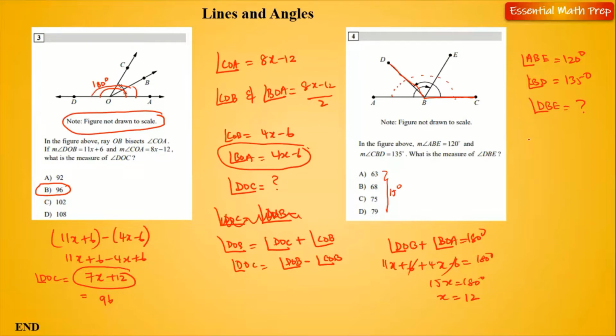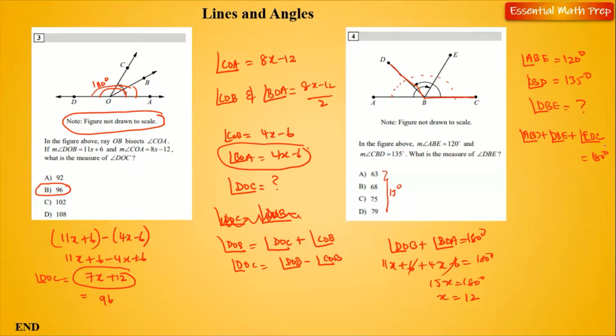We can write it as maybe angle ABD plus angle DBE plus angle EBC. That's one way. This is equal to 180 degrees. But unfortunately, if you write it as ABD, we don't have ABD.